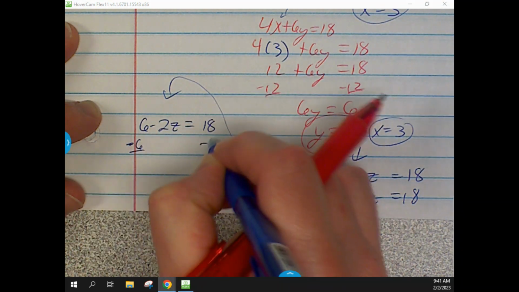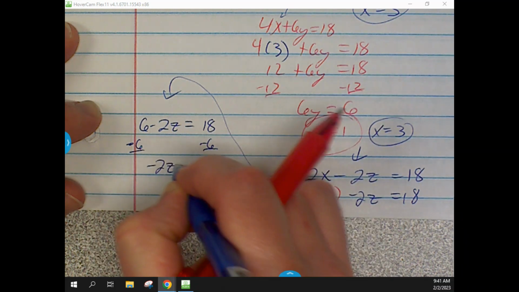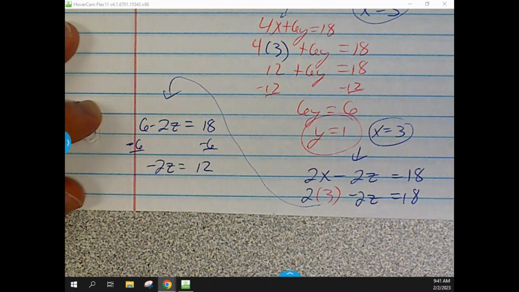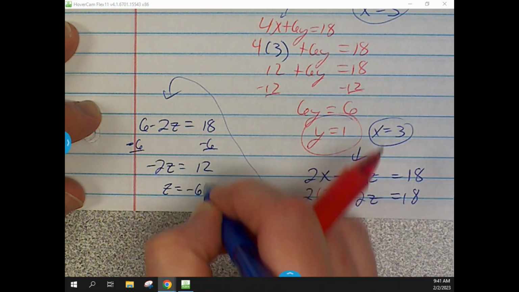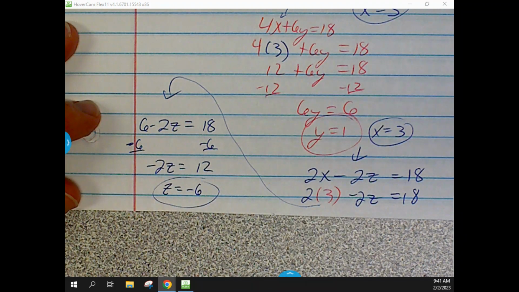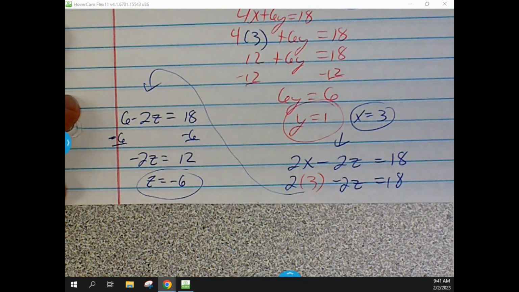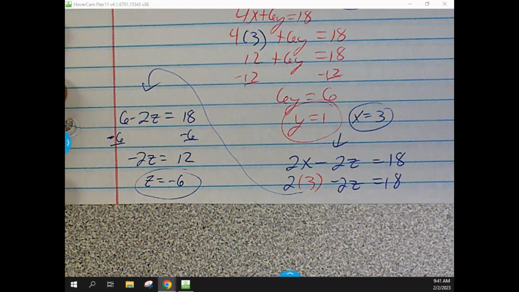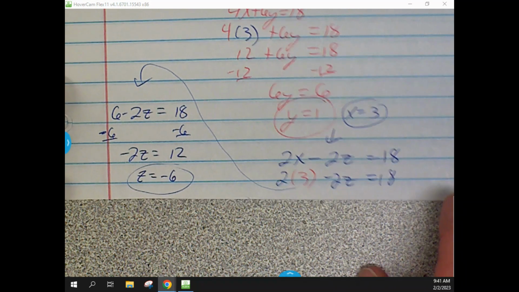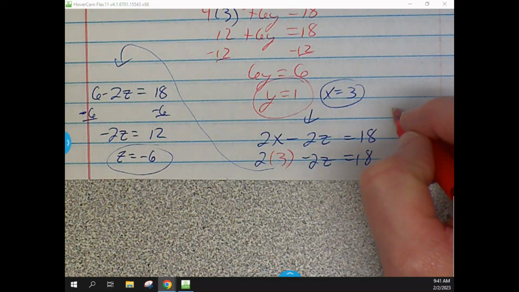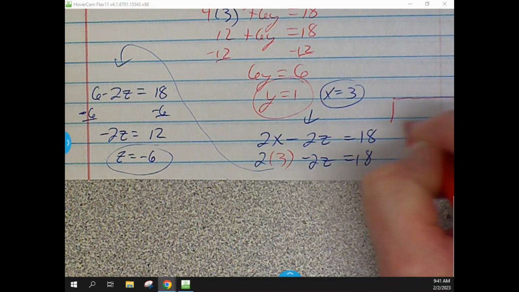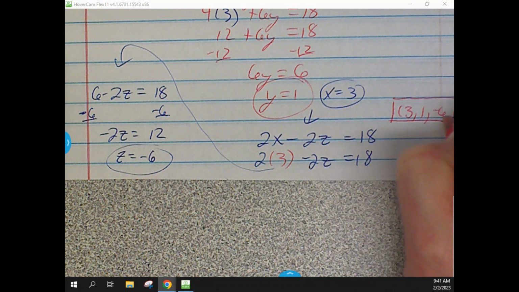Subtract the 6, and then divide by the -2. All right, so the final answer in order triple would be x, y, and z.